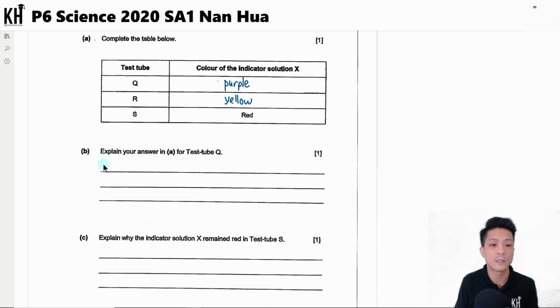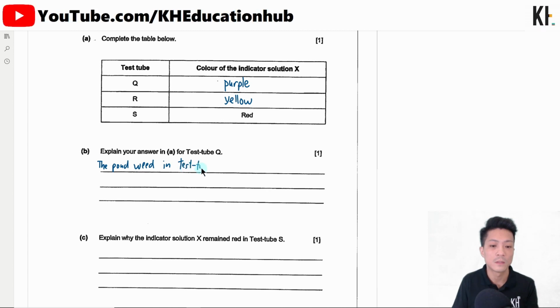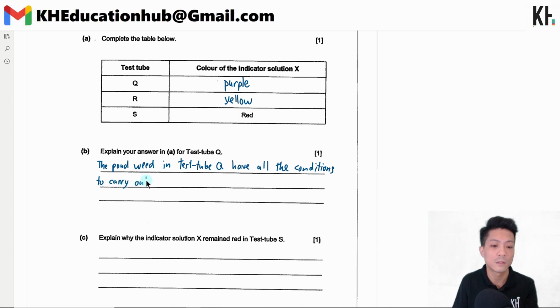So now I can say that the pond weed in test tube Q has all the conditions to carry out photosynthesis.